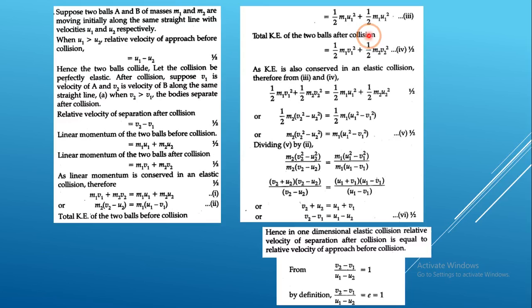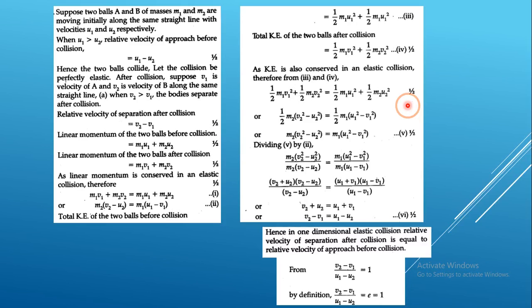Total kinetic energy of two balls after collision is half m1 v1 square plus half m2 v2 square. As we know that in elastic collision, kinetic energy is also conserved along with momentum. So you can write half m1 v1 square plus half m2 v2 square is equal to half m1 u1 square plus half m2 u2 square.